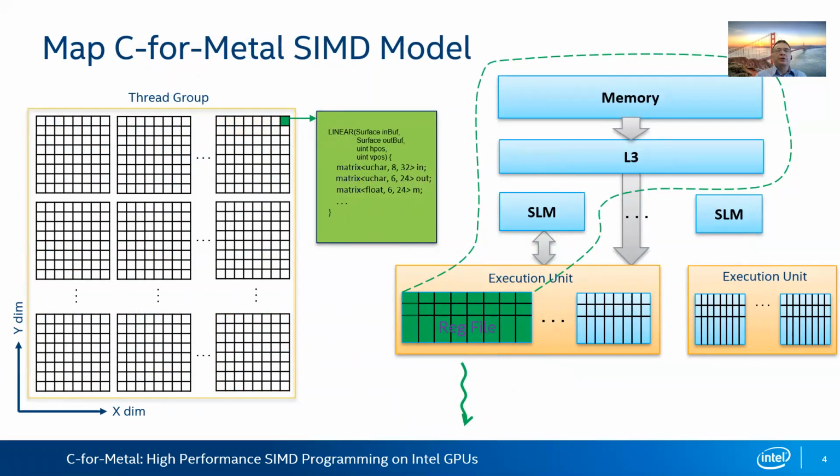Adopting a similar ND range concept, CM has thread groups, which can be 1, 2, or 3 dimensions. What's different from the OpenCL model is that CM users write the program for one hardware thread instead of a work item.